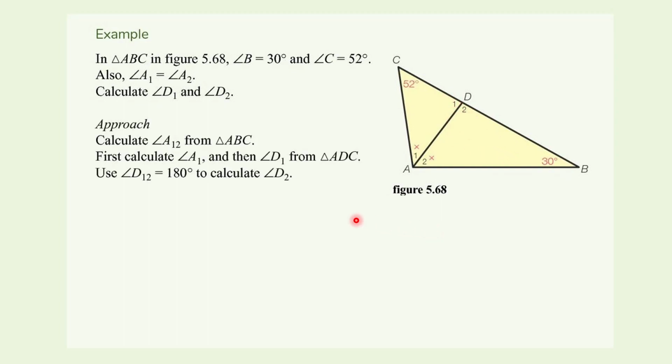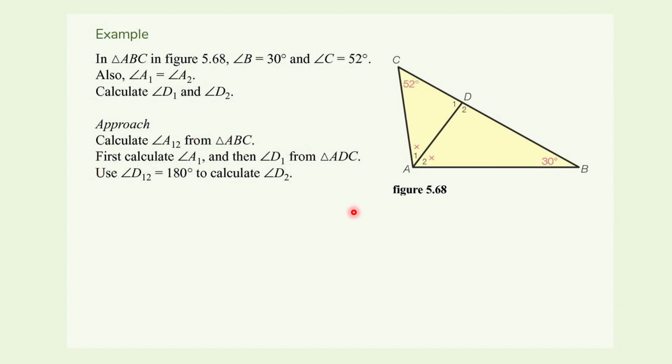And I think the book always mentions that approach first as well. You don't have to write this down on the test, but it's good to do this part mentally. And again, if you ever get stuck, check if you have a triangle, in this case triangle ABC, in which you know 2 angles, because then the third one you can calculate using the angle sum of a triangle. Okay, so this part you don't have to write down, but do that part mentally.